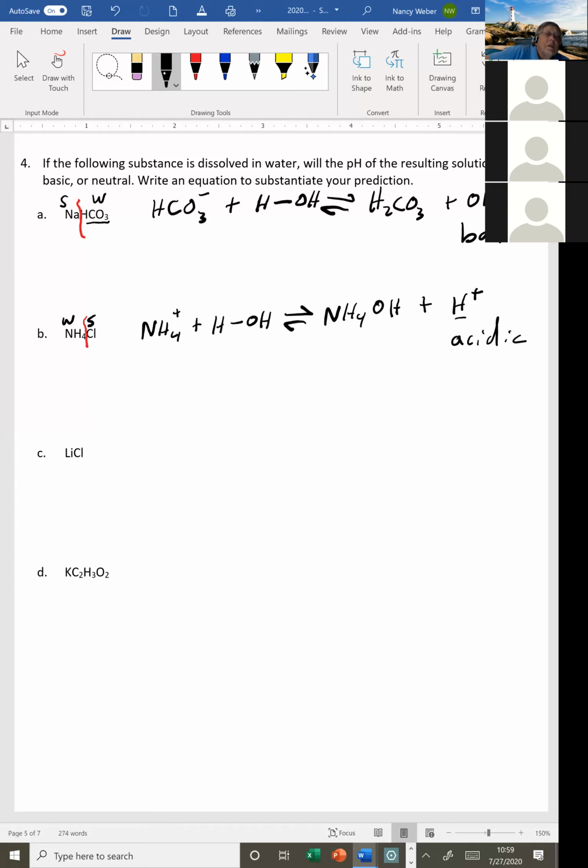Good. So you see that lithium is the cation for a strong base. Chloride ion is the anion for a strong acid. So there's no reaction, and I can put NR to indicate that, and it's neutral.